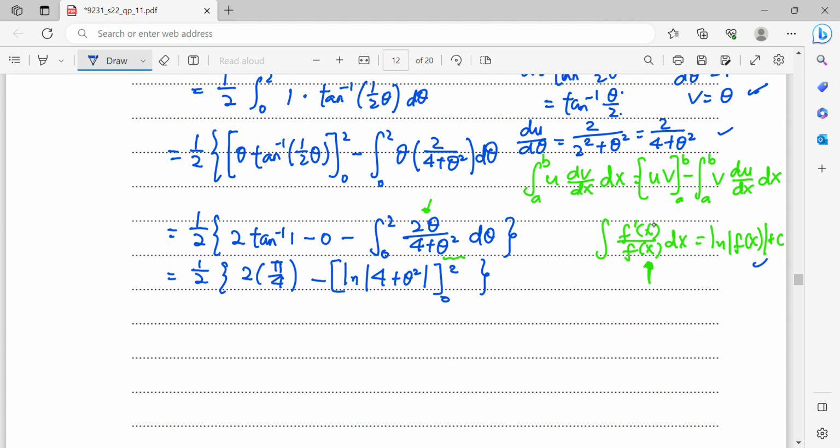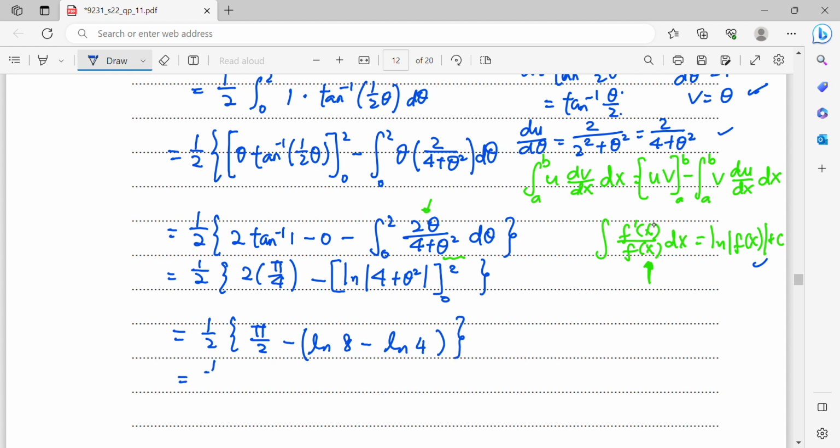So from here, I will get half of pi over 2 minus ln, put a bracket, replace theta by 2: 2 squared plus 4, it will be 8, minus ln of 0 squared plus 4, it will be 4.